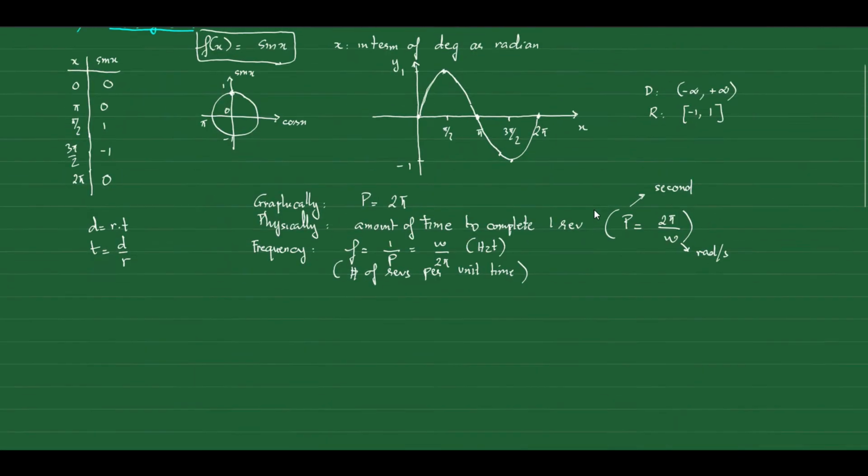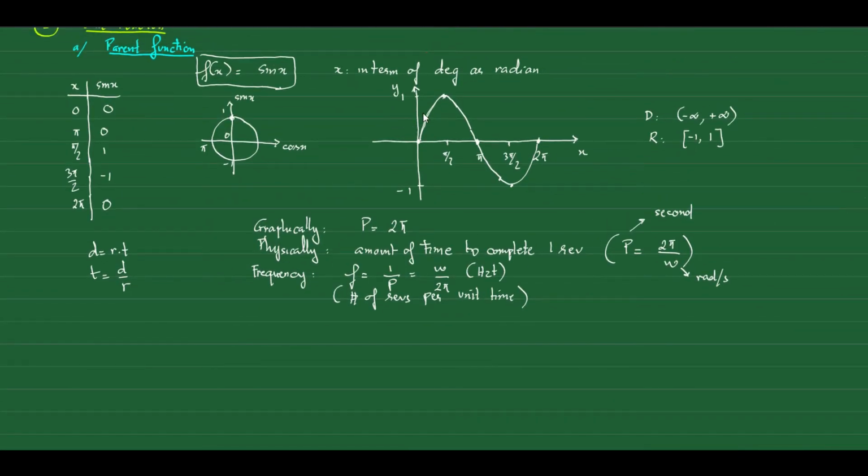Now in this graph we also have a very nice piece of information over here. So we know the range is from -1 to 1, so it's bounded vertically at -1 and 1.